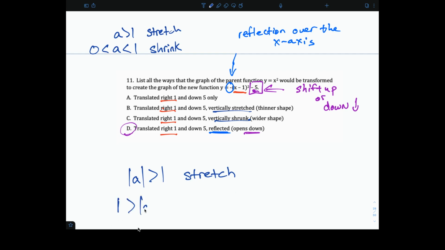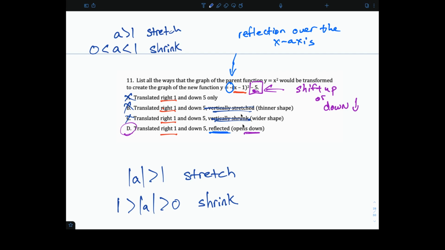And when A is between 1 and 0, this is also called a proper fraction, meaning the denominator is greater than the numerator. This is a shrink. Now I know it's a little overkill, but that is important. That also tells us that these two have to be wrong. So I know for sure these two are wrong. And definitely there's more than just that the negative sign means that you're not just shifting to the right one and down 5.